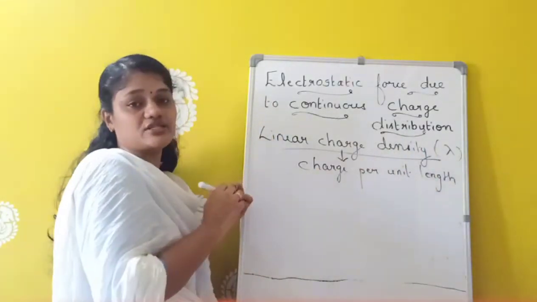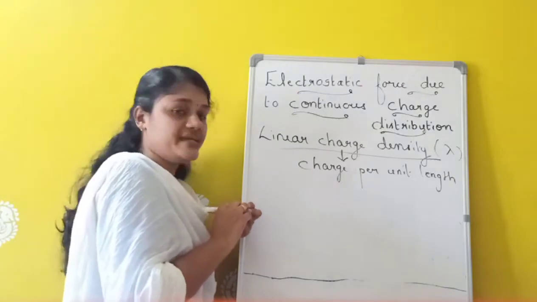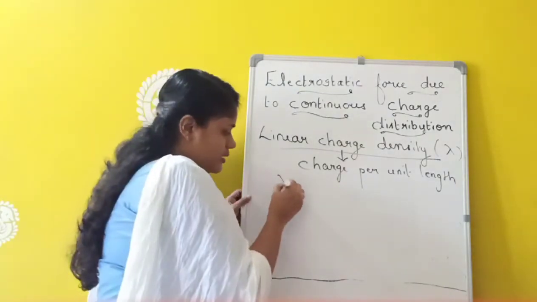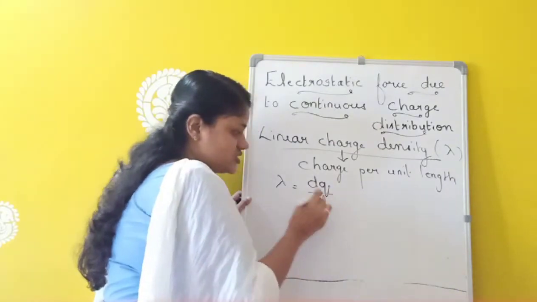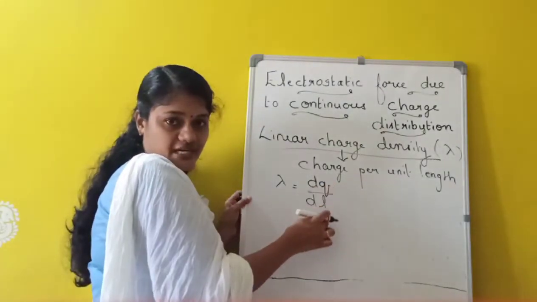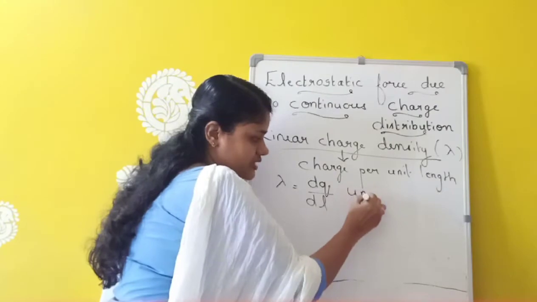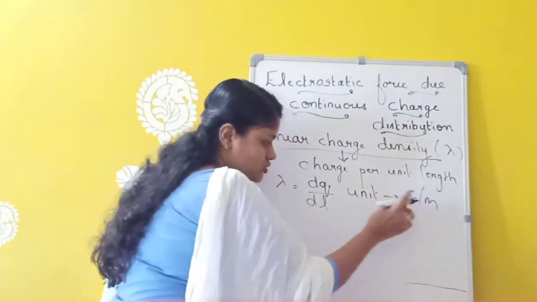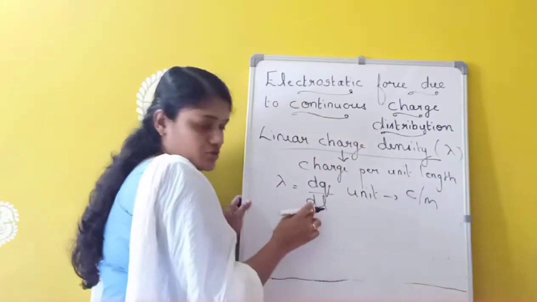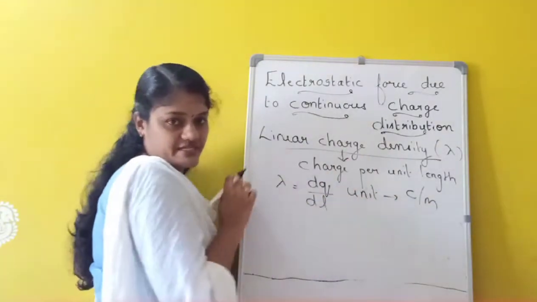That is lambda equals dq by dl, charge divided by length. So unit of lambda is coulomb per meter, because unit of charge is coulomb and unit of length is meter.